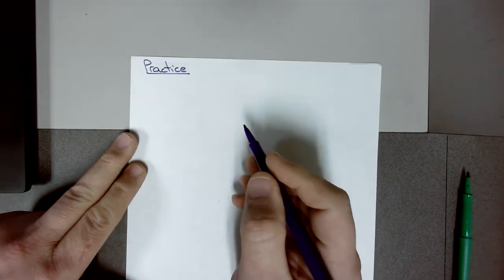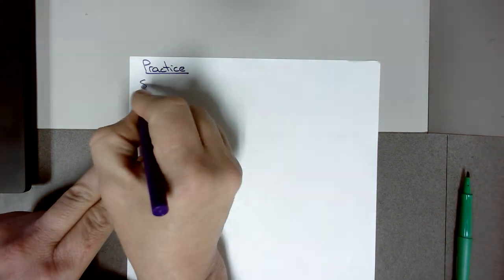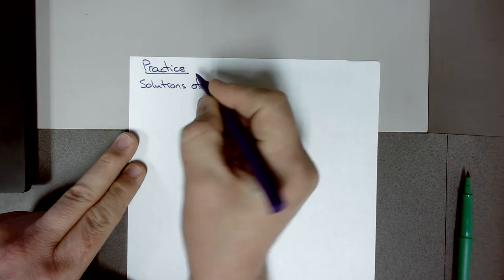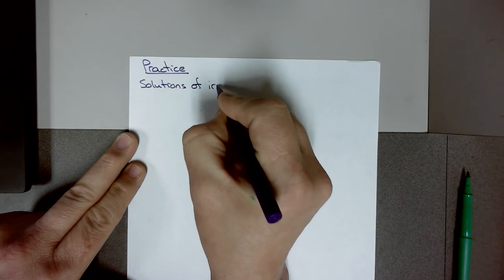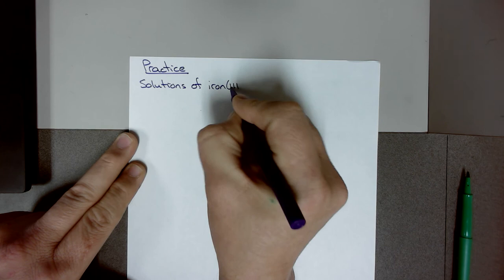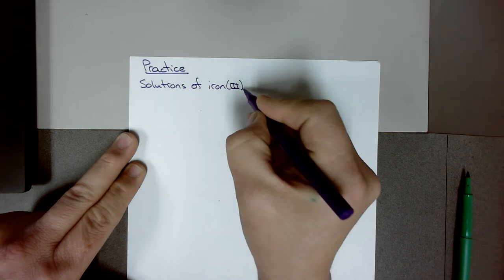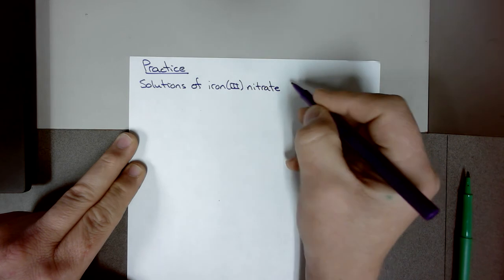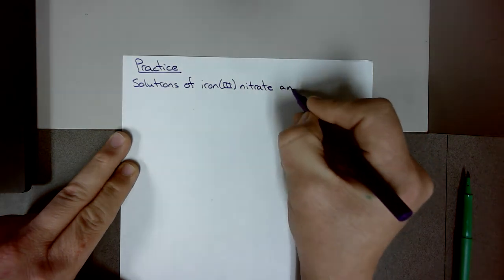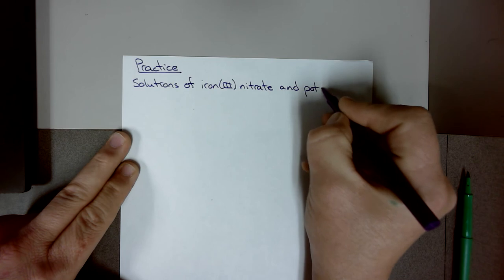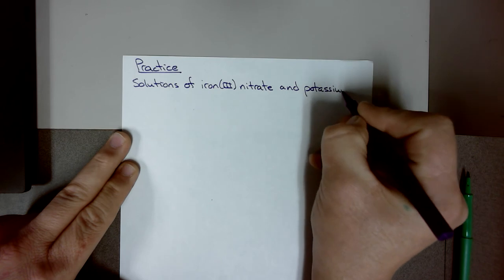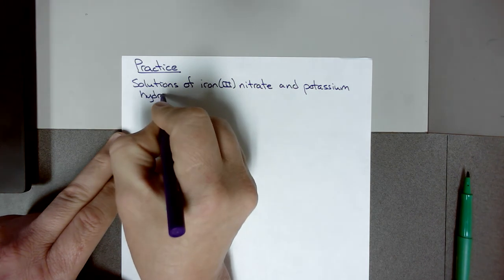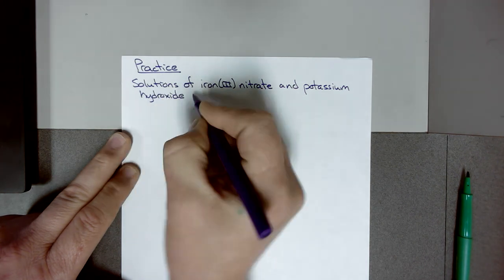Let's say we have solutions of iron 3 nitrate and potassium hydroxide are mixed.